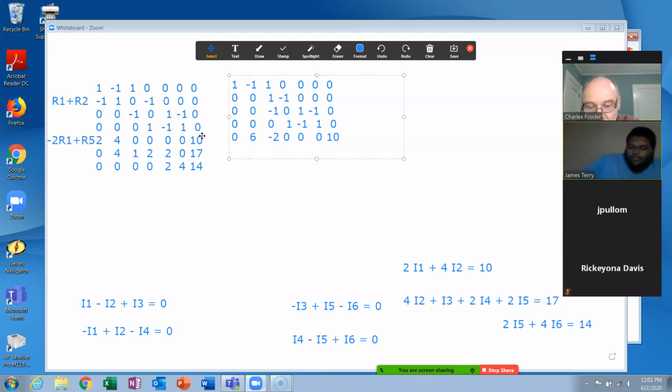So let's see if I can do this without messing something up. 0, I messed up already. 0, 4, 1, 2, 2, 0, 17. Yes, sir. All right. There's row 6, row 7: 0, 0, 0, 0, 2.